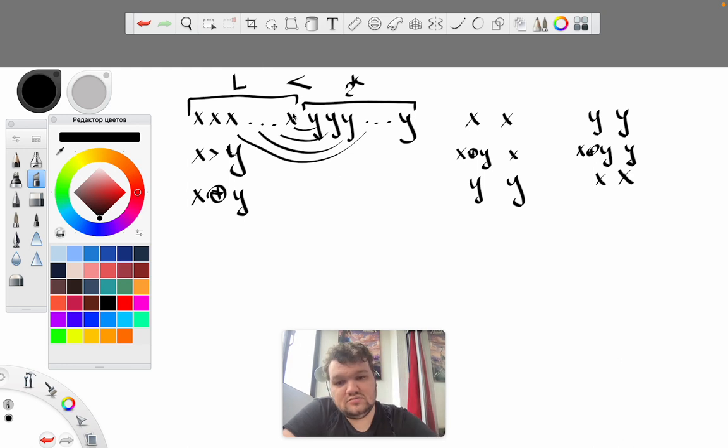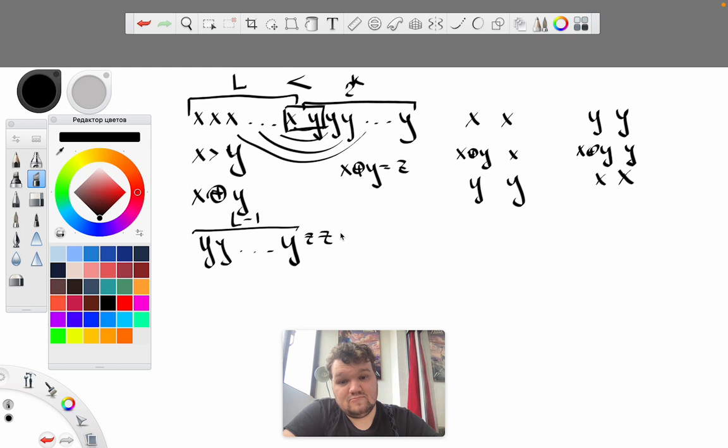If L is not even, I can take this pair, XOR them, and then I will get L minus 1 times, let's say that x XOR y is z, z, some number of y's, and then the remaining x's.